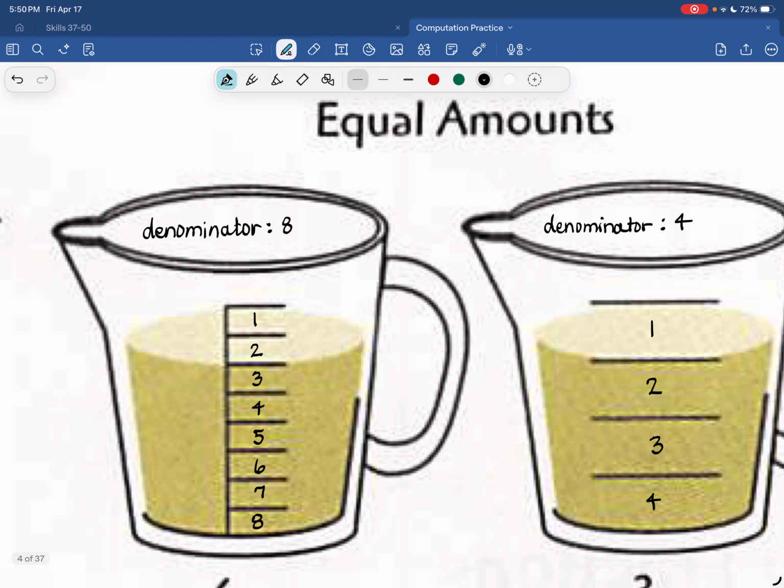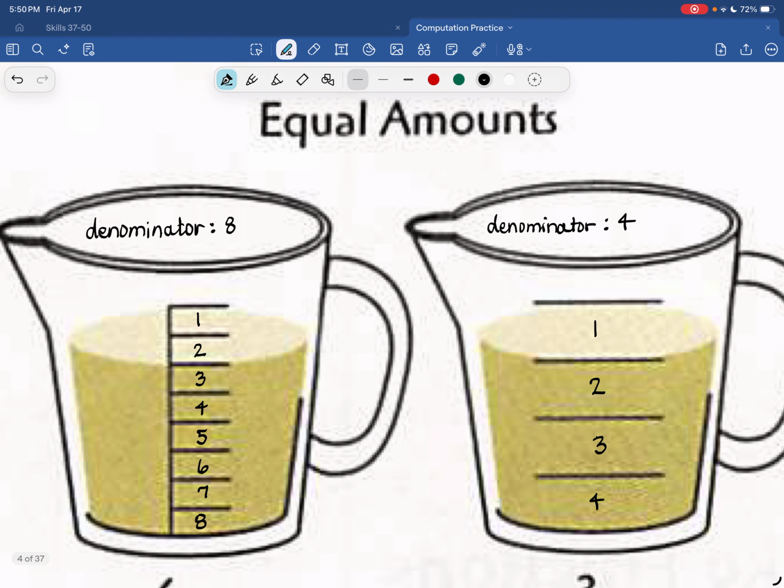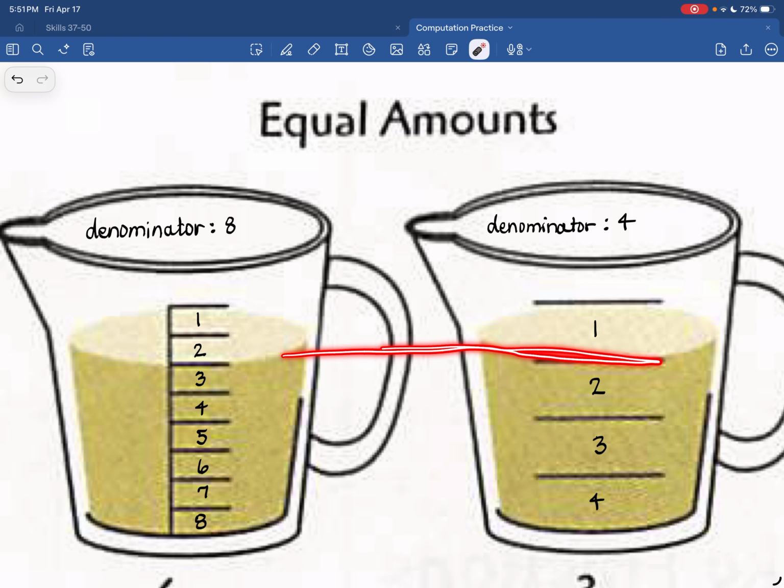So let's suppose that you and I are taking a cooking class. And your measuring cup has 8 sections and mine has 4. And the teacher tells us to put some chicken broth into our measuring cups. So you put your chicken broth in and I put mine in, and we have equal amounts of broth. We're not doing anything wrong. We both have the same amount of chicken broth.